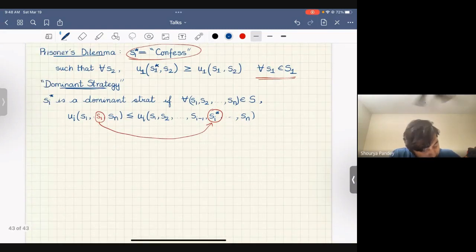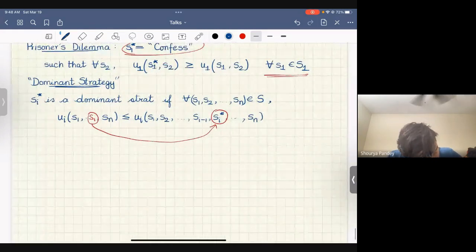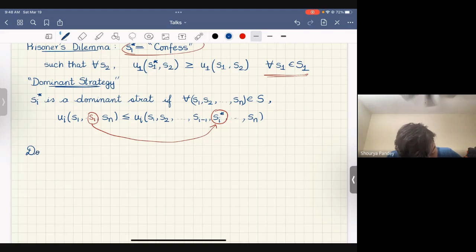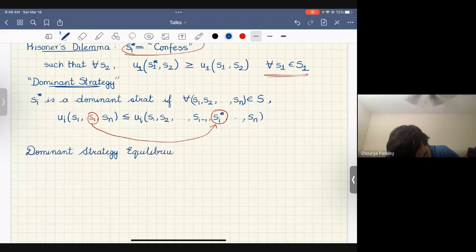So now we could have something called a dominant strategy equilibrium, which is that every player has a dominant strategy. This is the best kind of equilibrium we can hope for.